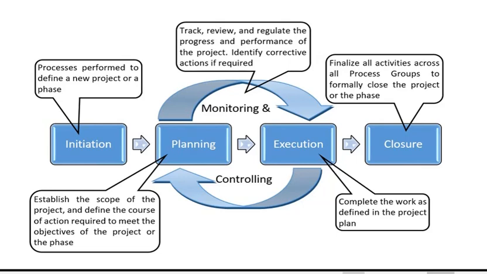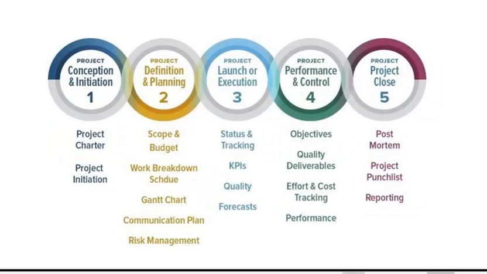So the documents or the elements and components under this phase are post-mortem, project punch list, and reporting. So under post-mortem, what you do is you analyze all the things that went well, went wrong, what are the things that you overestimated or underestimated regarding resources.